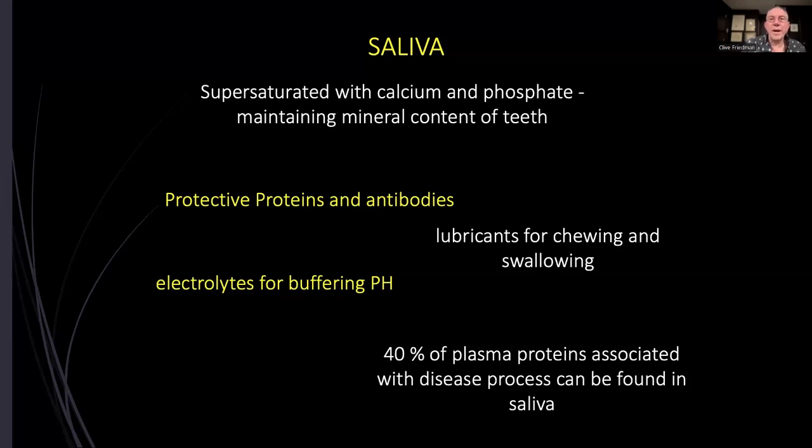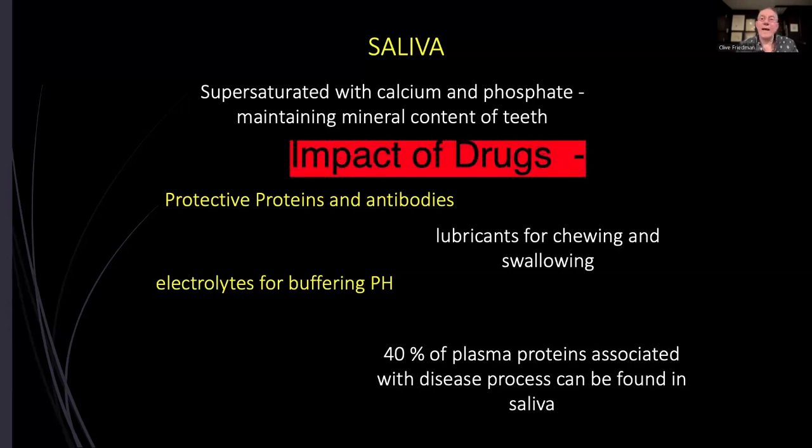So we need to be aware of the impact of the drugs, and then to prepare and promote the appropriate interventions for individuals with respect to how to make their quality of life better. And there are all sorts of things that we can do to improve that with respect to individuals and their saliva. I don't really have the time to go into the detail on that, but just to be aware that that's important to evaluate.